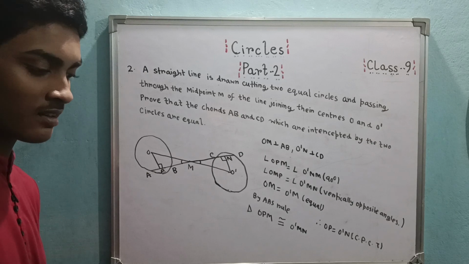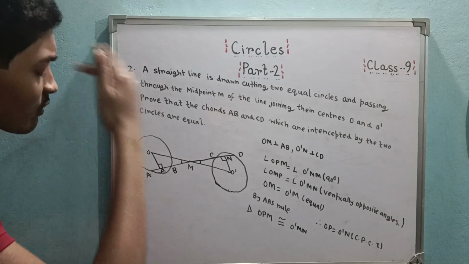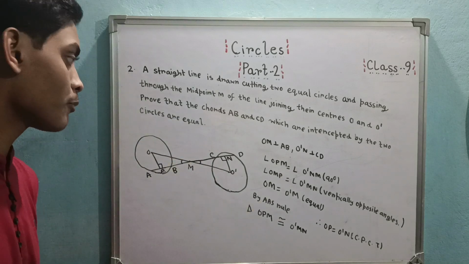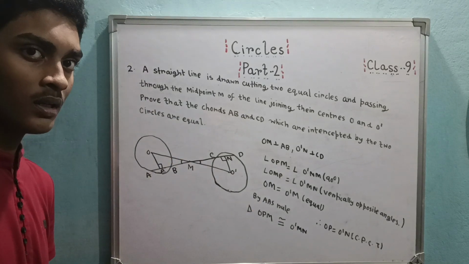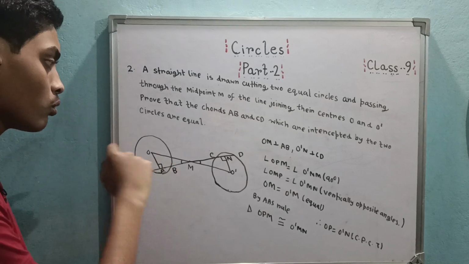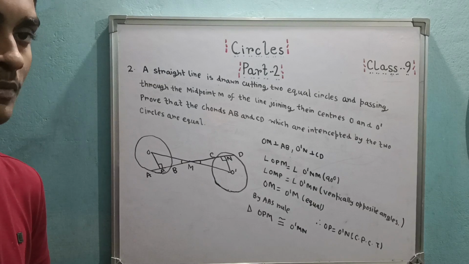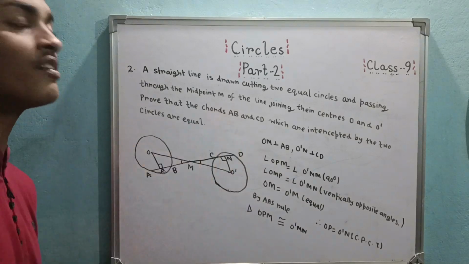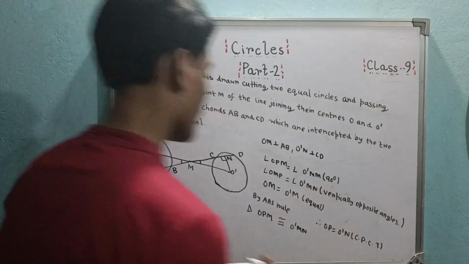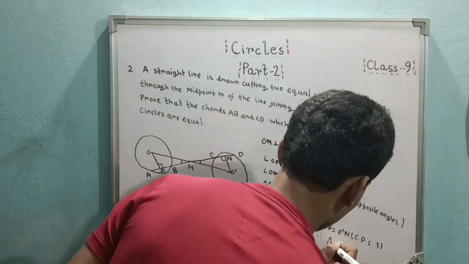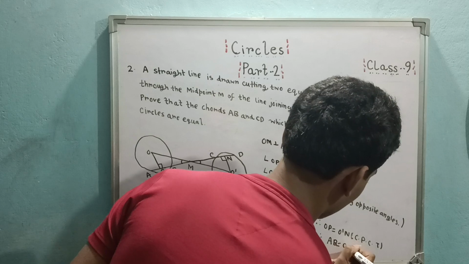We learned that in the previous video. So we can write that therefore the chords AB equals CD. We did it. Easy, right?